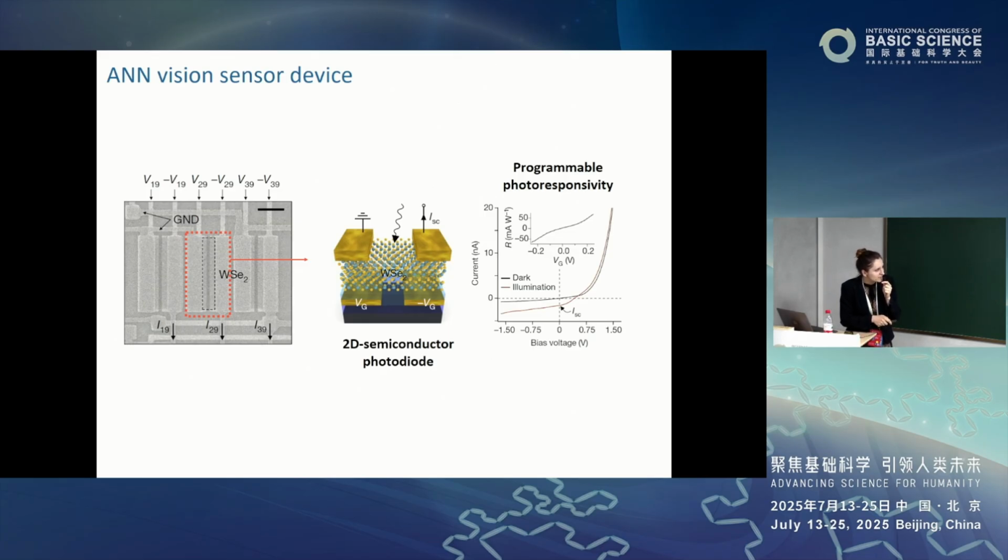But the smaller graph is also very important because it tells you how R, the photoresponsivity, can be modulated with a gate voltage. So you apply some voltage here, and it will change your responsivity to light in the material. And you can see we can modulate it quite a lot, which is nice. And this will be our core, so this is how we will be adjusting the weights in the neural network.